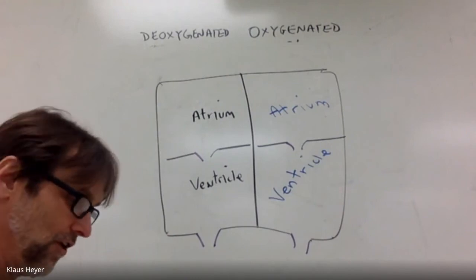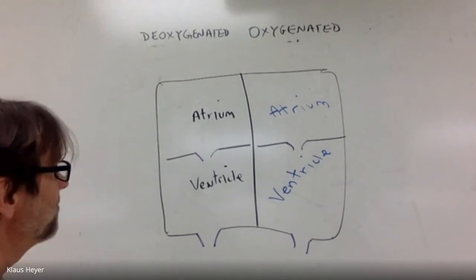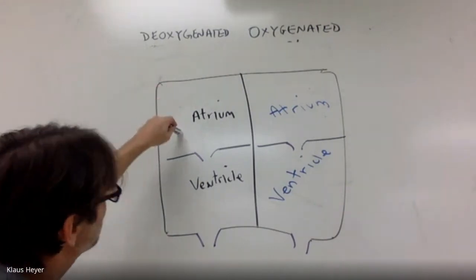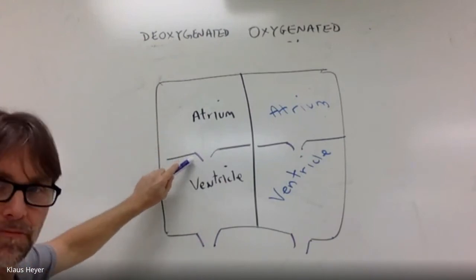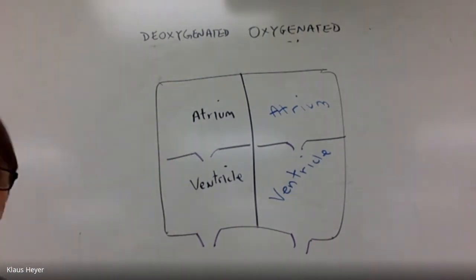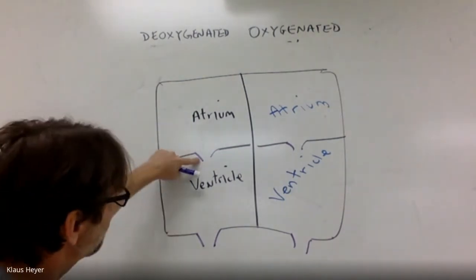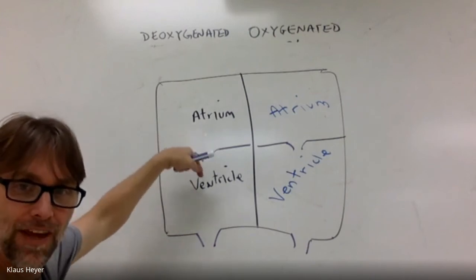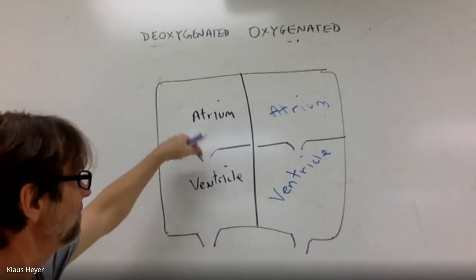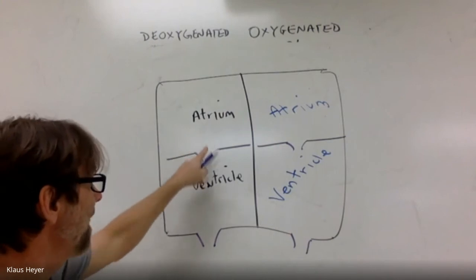I'm just getting you to understand the idea. So when you want to go from an atrium to a ventricle, you got to walk through the door. But the door is a one-way door. That door doesn't swing the other way. It opens into the ventricle, but it will not open back into the atrium.